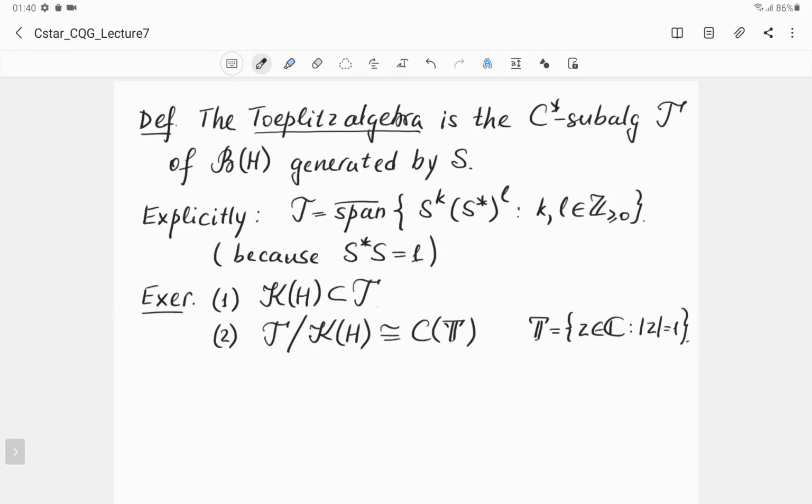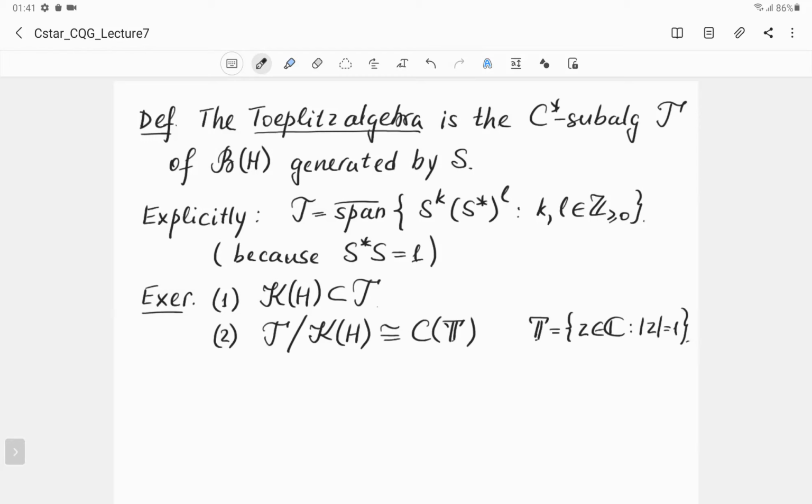So it is a commutative unital C-star algebra. So it is isomorphic to the algebra of continuous functions on its maximal spectrum. But since it is singly generated, its maximal spectrum is homeomorphic to the spectrum of the generator, that is, of the element S considered as an element of the quotient. And this spectrum can be calculated explicitly.